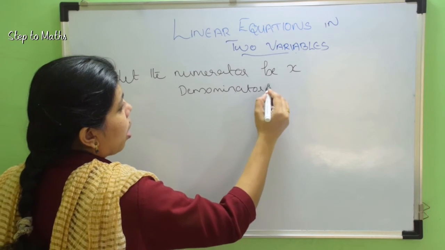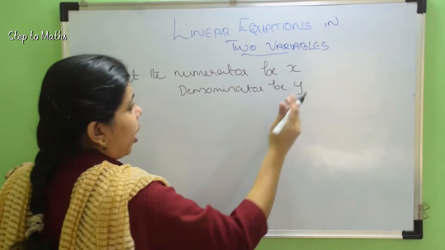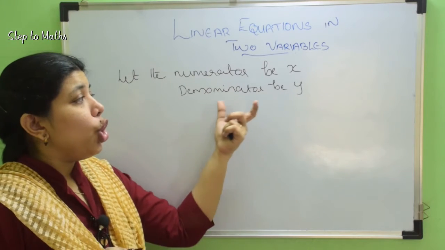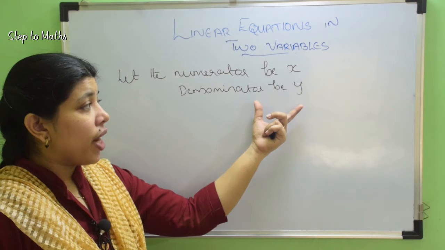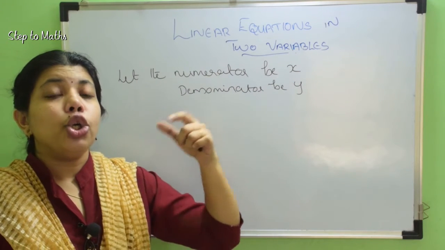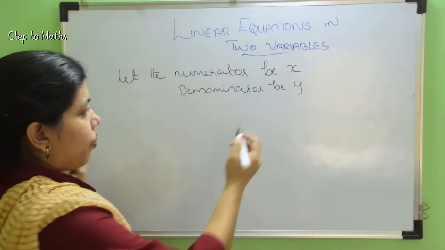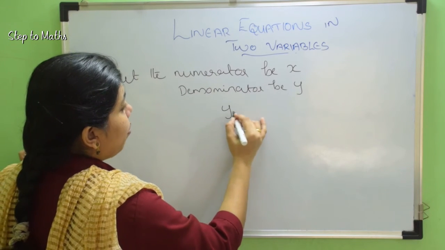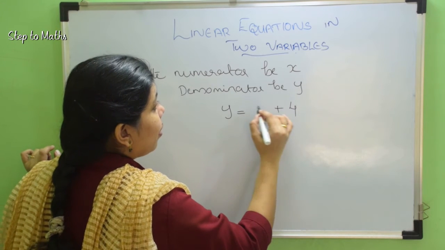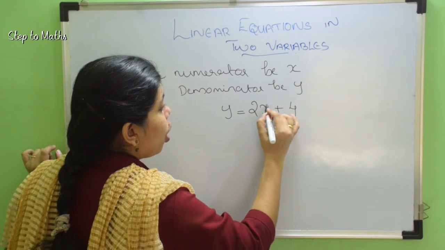denominator be y. According to the first condition, the denominator of the fraction becomes 4 more than twice the numerator. Denominator y becomes 4 more than twice the numerator.